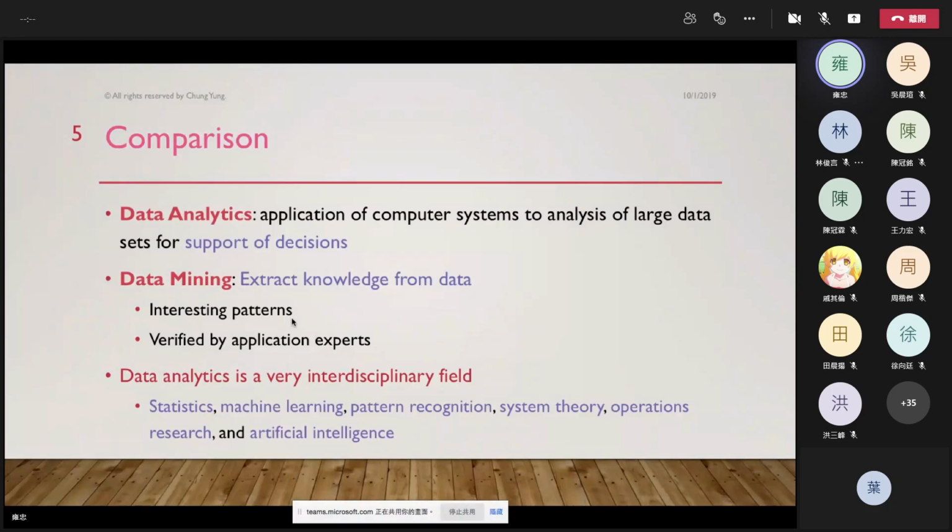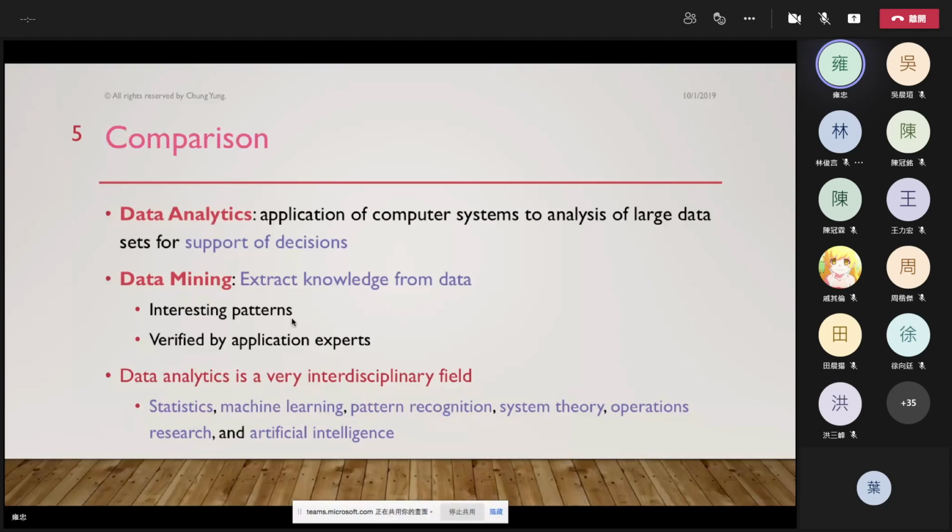The key point is that when we apply data mining technologies, usually we don't have some specific expected pattern that we may find in the data by a certain algorithm. We will let the data speak for itself. Different data sets will come out with different conclusions. That's the interesting part of data mining.